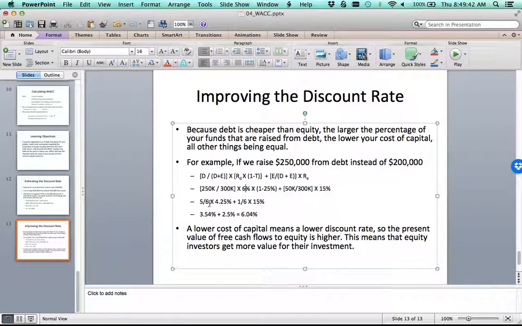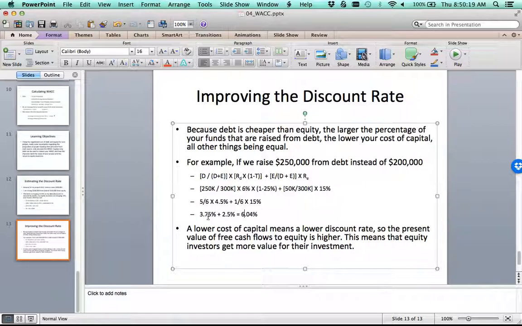That's the weighting, 250 out of 300, and that's going to be times 4.5, because we did that before, and 1/6 times 15. Okay, so if I figure out what 5/6 is, it's 4.5 times 5 divided by 6 equals 3.75%, plus 1/6 of 15, so we'll do 15 divided by 6, is 2.5, just like we said.